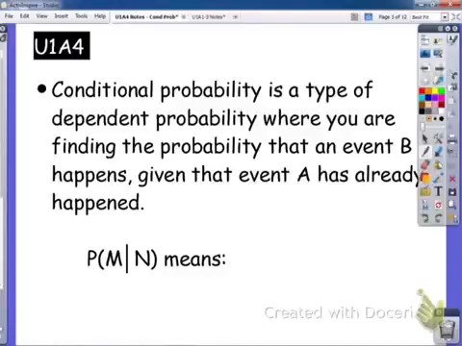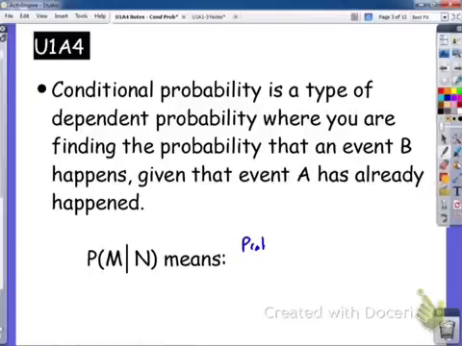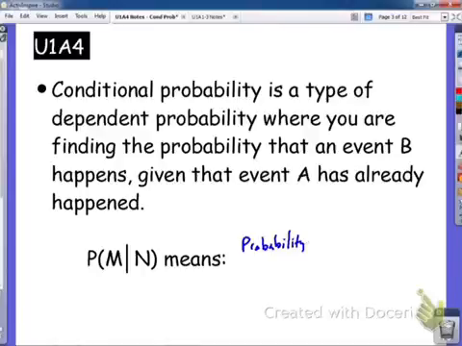So this notation here, the probability of M with this little bar here and then N, it means it's the probability that, you should fill this in on your notes, probability that M occurs given that N occurred already, or given that N occurs before it.